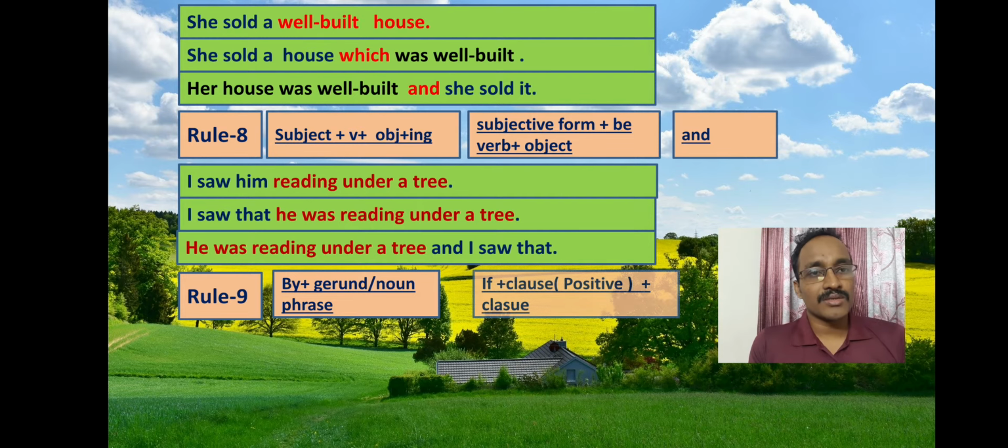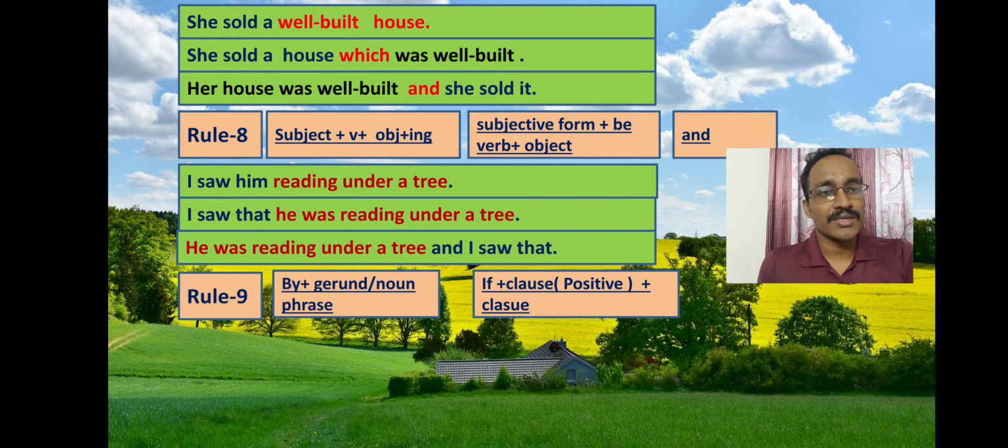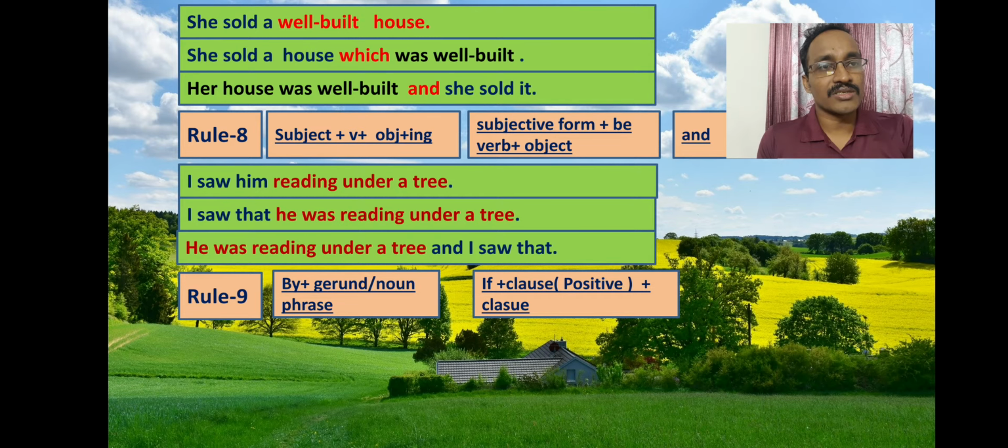In this case, how to make it a complex sentence? In this case we will turn it into a conditional sentence. So I think you have a good idea about conditional sentences. In my previous lectures on right form of verb, I have discussed conditional sentences elaborately.